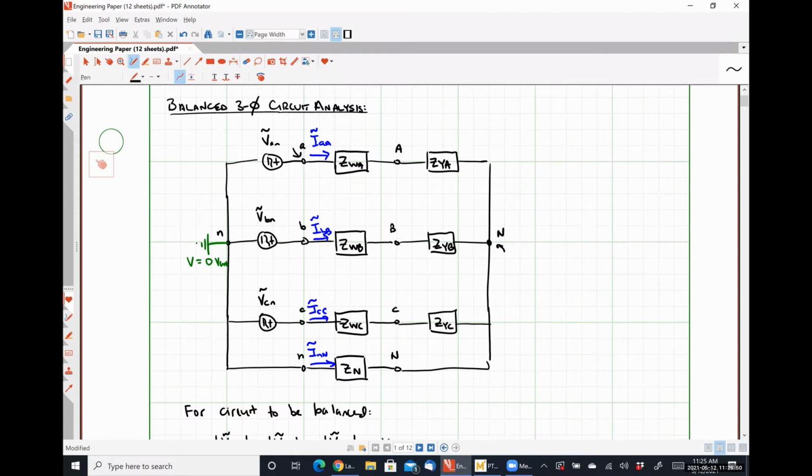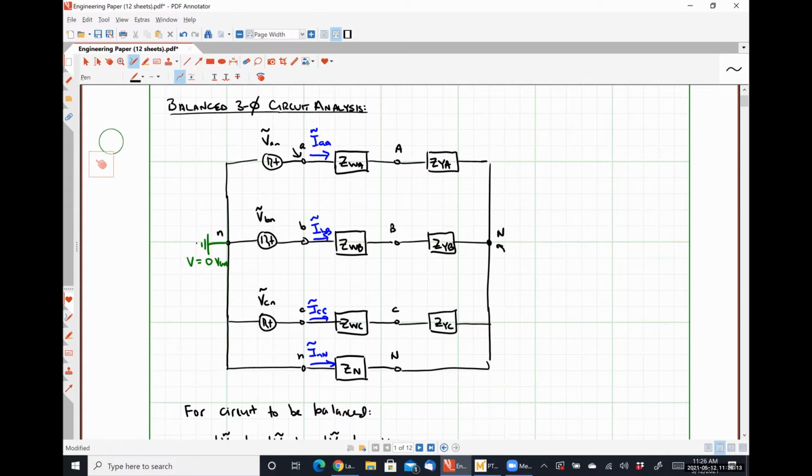They all have the same magnitude and they are all 120 degrees out of phase with each other. Since those phase currents are perfectly balanced, what can I say about the phase voltages at the load? They are perfectly balanced. What can I say about the line voltages at the load? They're perfectly balanced.